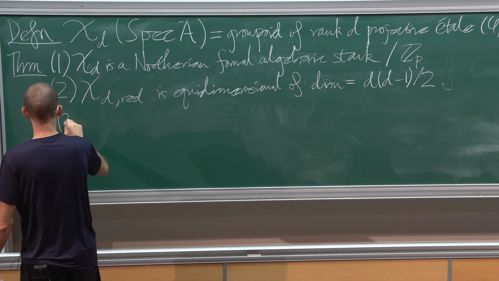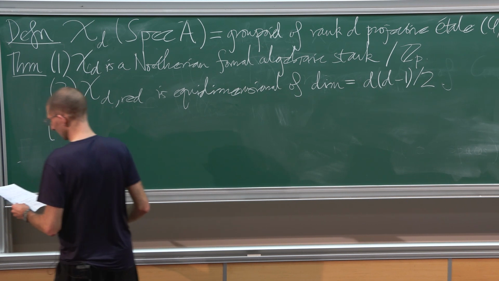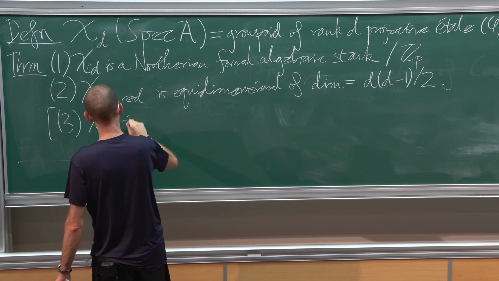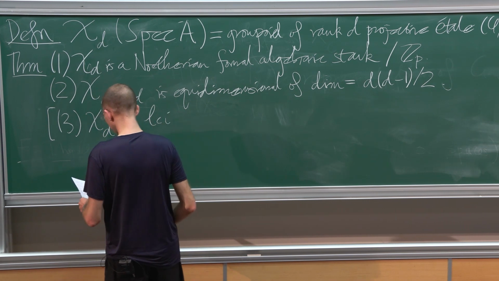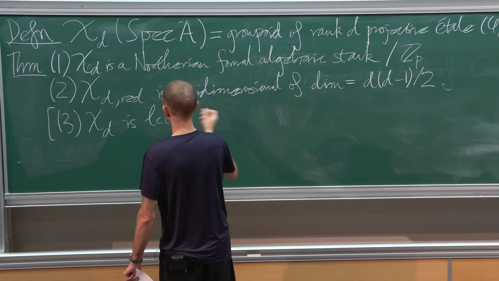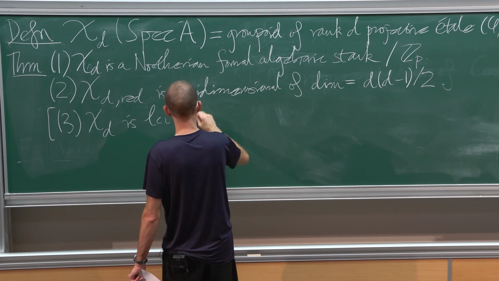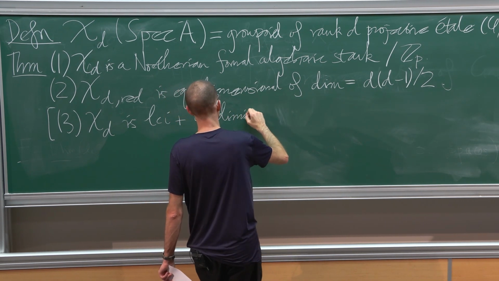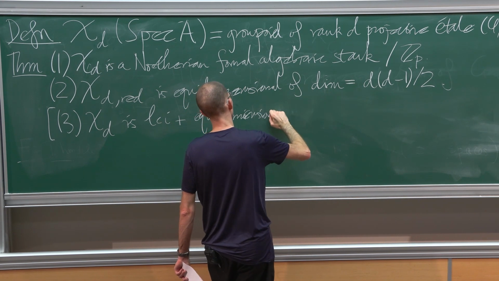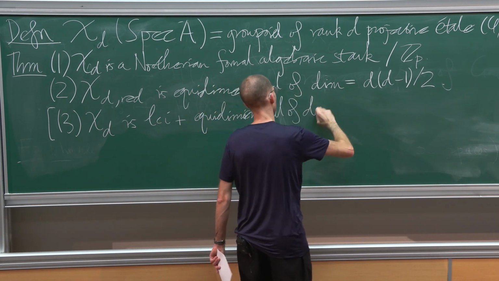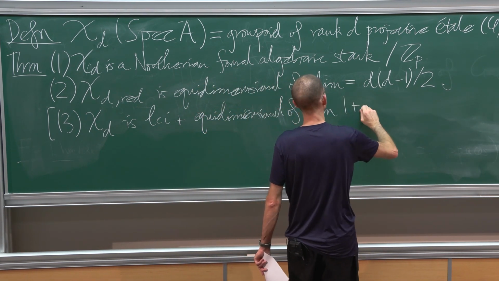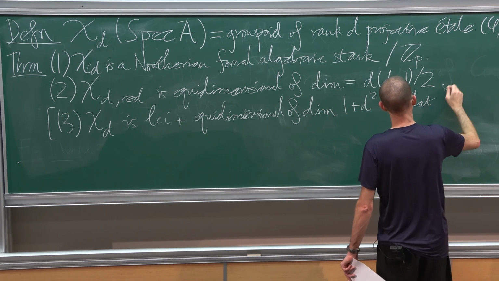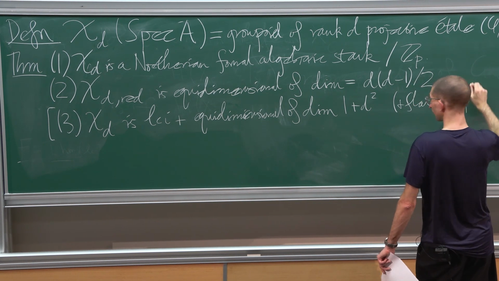And thirdly, I'm going to put this one slightly in parentheses because it's not quite proved, but I'll say why. The whole stack is LCI, and equidimensional of dimension 1 plus d squared, and it's also flat over Z_p.